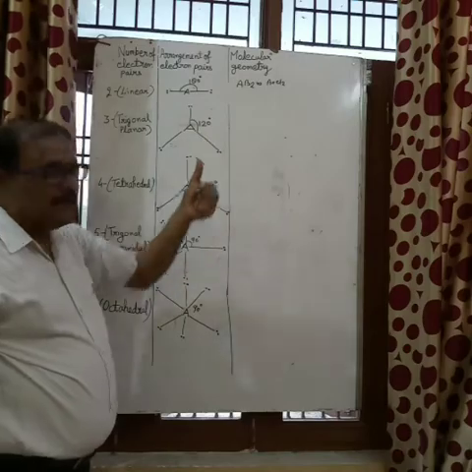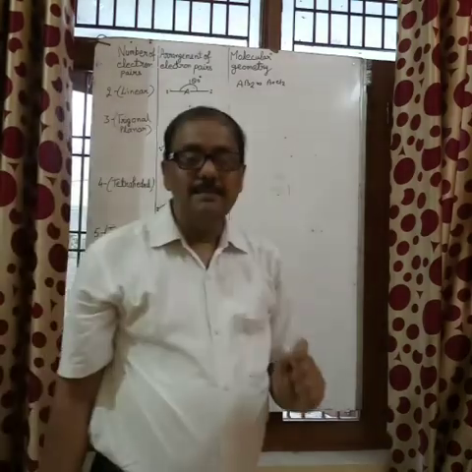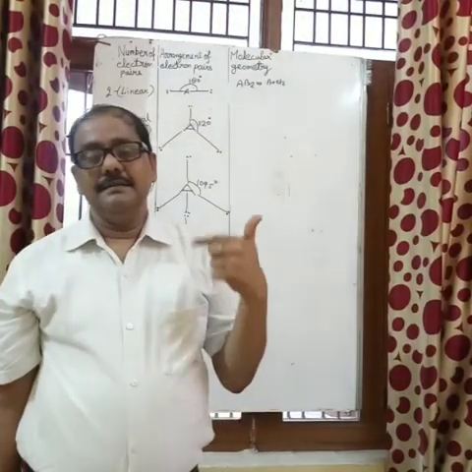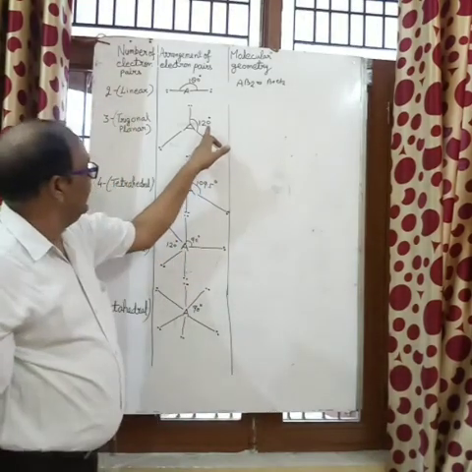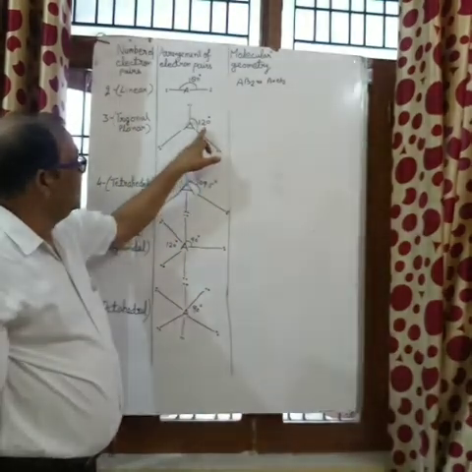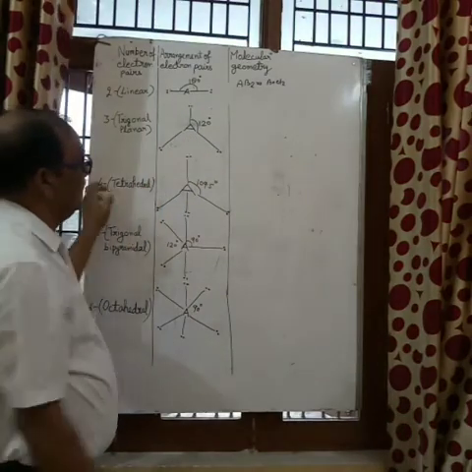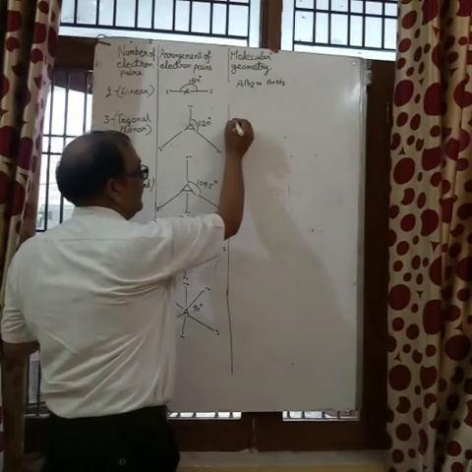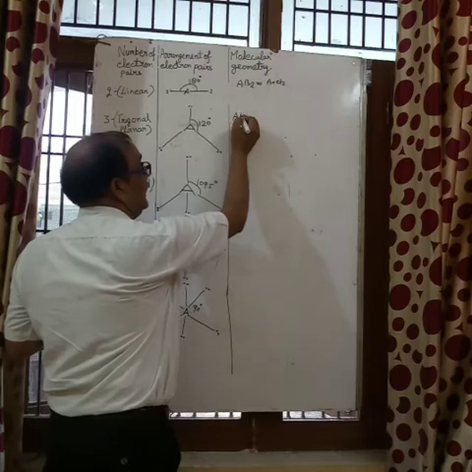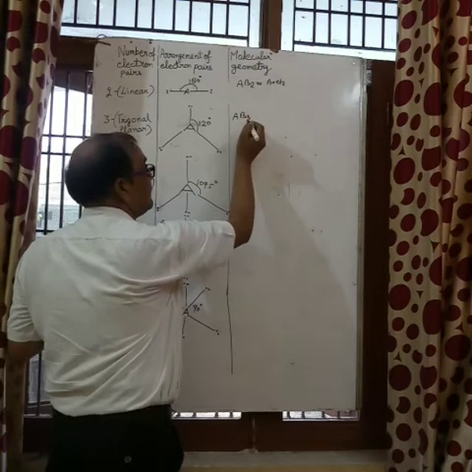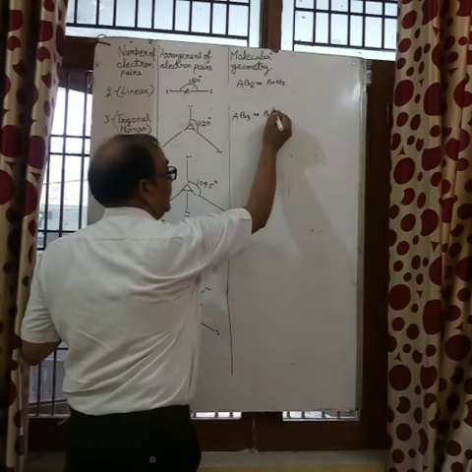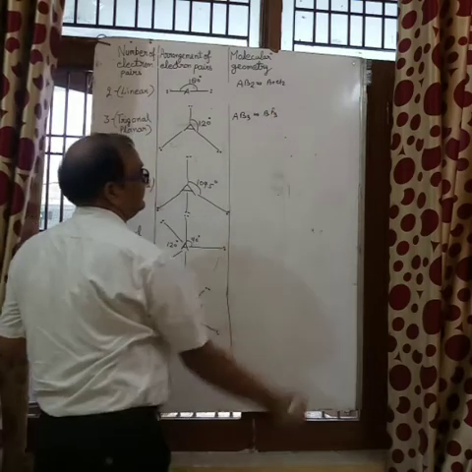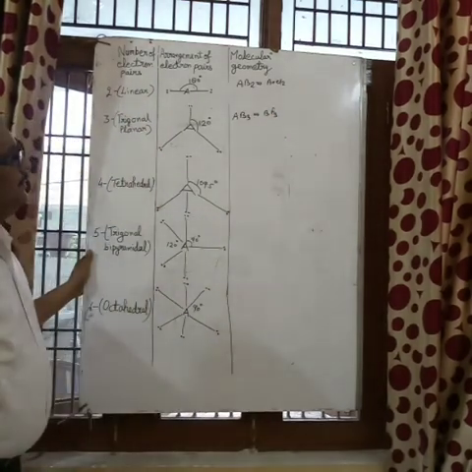In trigonal planar, there is minimum repulsion and maximum distance, and the bond angle is 120 degrees. The possible compounds are AB3 type, like BF3.